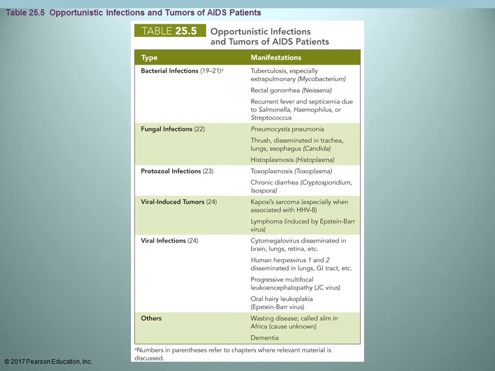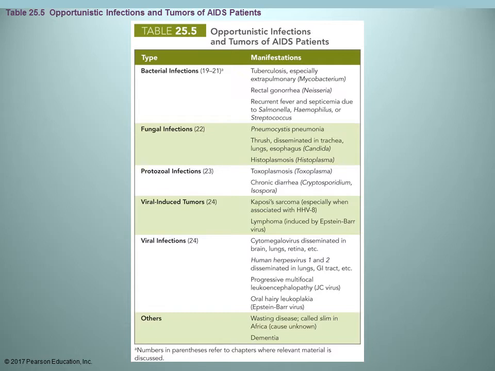This table is showing some of those opportunistic infections that are often associated with AIDS patients. And it's broken down, as you can see, by bacterial infections. We tend to see an increased number of tuberculosis, fungal infections like pneumocystis, protozoan infections, viral-induced tumors such as Kaposi sarcoma, viral infections.